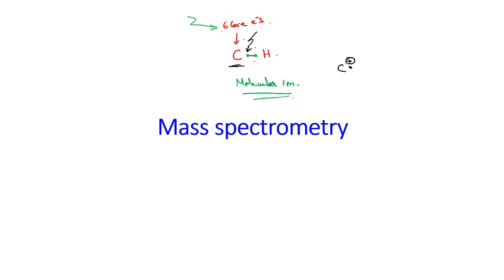On the other hand, we will be having a neutral hydrogen atom, which has 1 positive and 1 electron of its own. So it will be a neutral fragment and it will not be affected within the magnetic field.